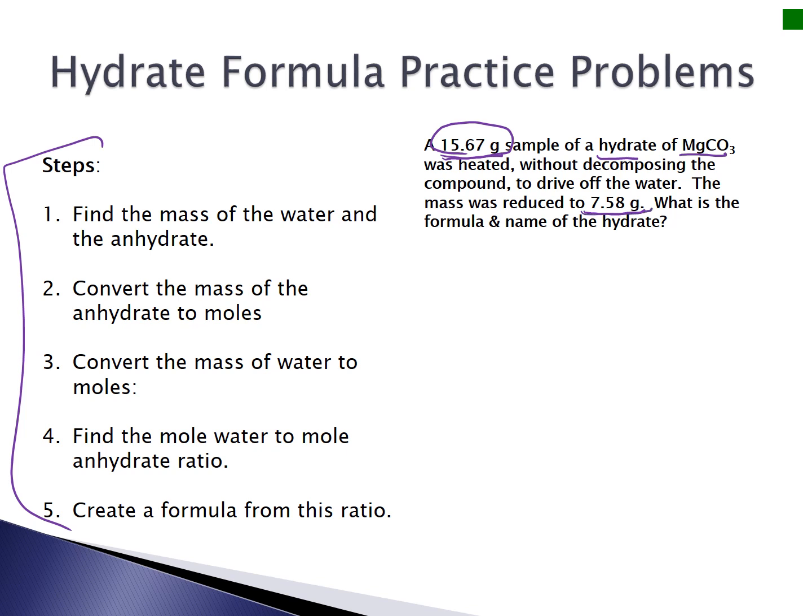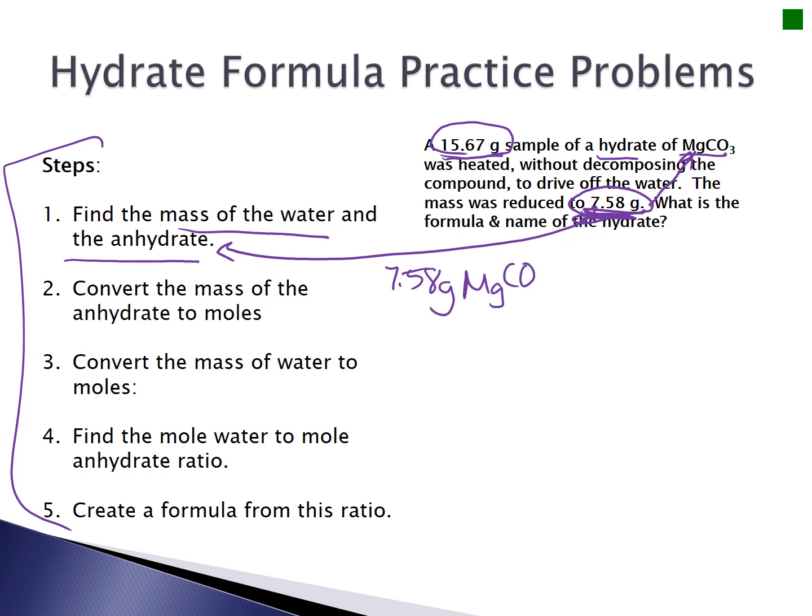What this is saying is that the water was driven off, so that 7.58 is of whatever the ionic substance was. When I need to find the mass of the water and of the anhydrate, this 7.58 is the anhydrate. So that would be 7.58 grams, and the anhydrate was MgCO3. Then we need to find the mass of the water.